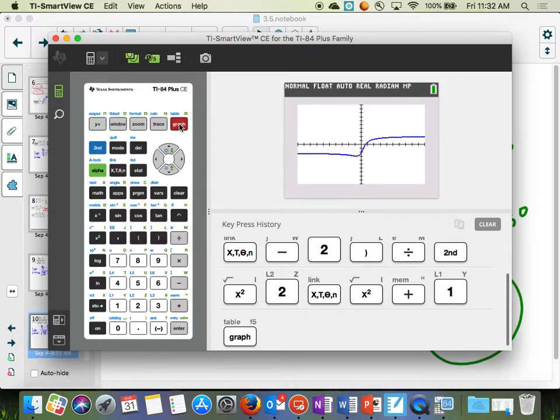Okay, so that's why towards infinity we have the limit of 3 over radical 2, but towards negative infinity we have negative 3 over radical 2. Okay.